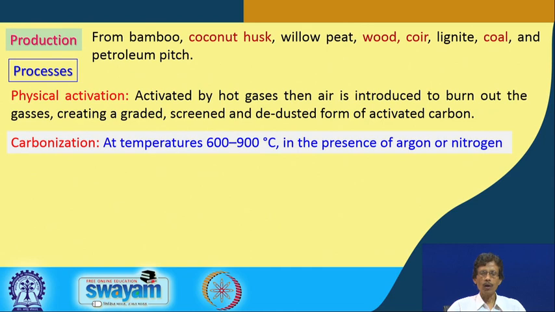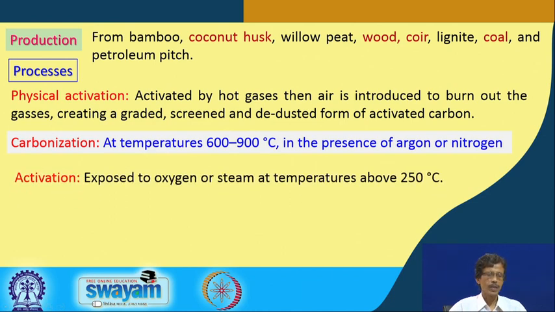That means we will not use oxygen or anything else for the burning at this stage. So, only inert atmosphere burning at a high temperature gives you the carbonization process. Once you get that carbonized form, that means sucrose leaving behind only carbon, carbon mass is in your hand, then you have to go for the corresponding activation.